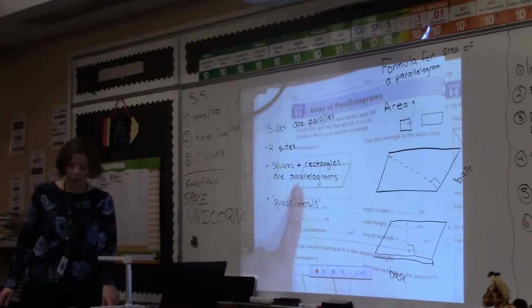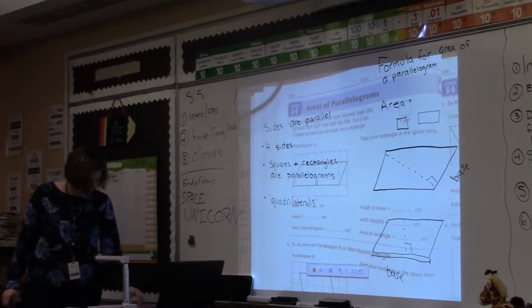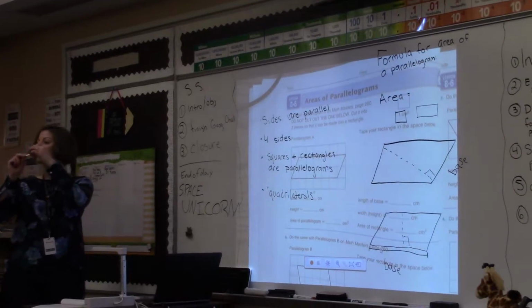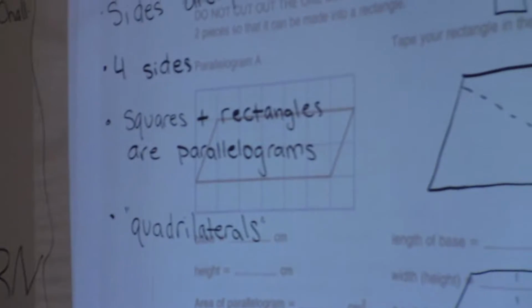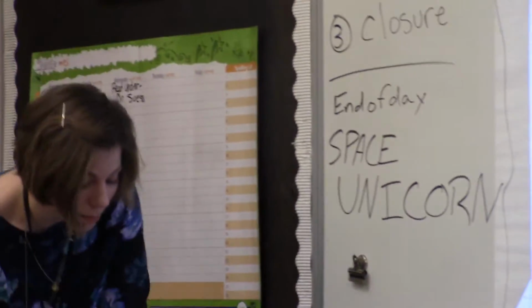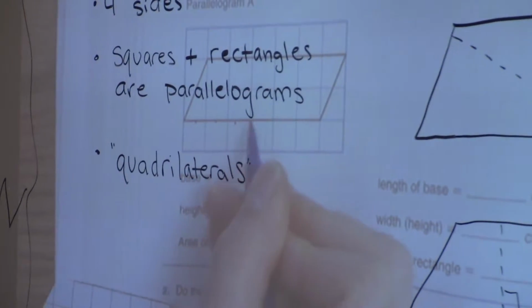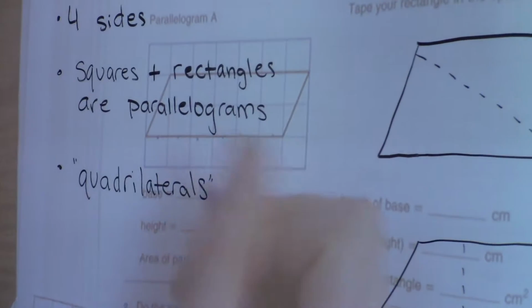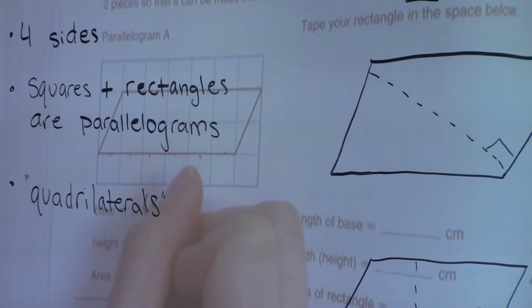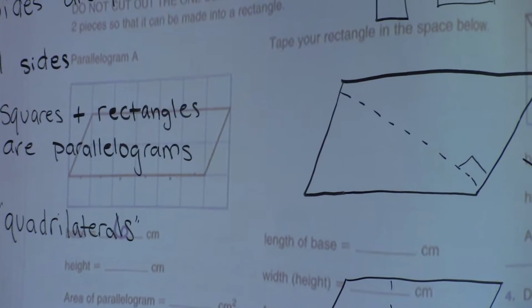Everybody should be looking at that page. Parallelogram A, which we just cut out. So the base is going to be just along the bottom. 1, 2, 3, 4, 5, 6. My base is 6 centimeters on this one.